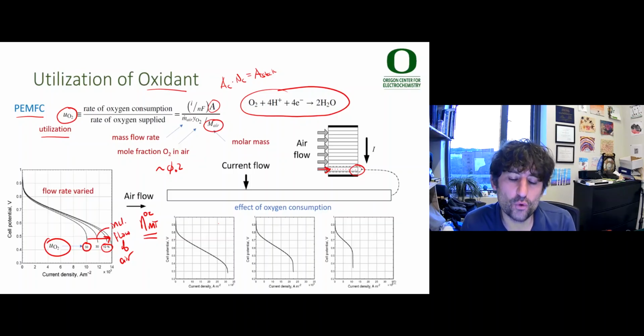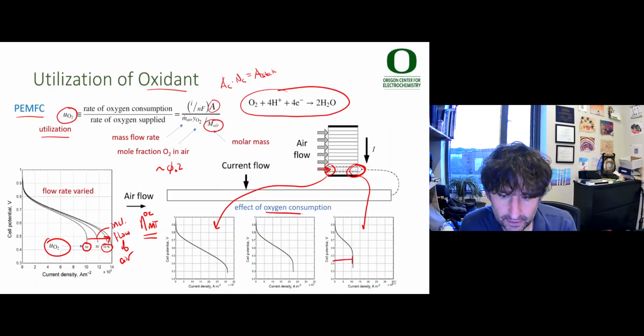So if you thought about what the polarization curve would look like, at the beginning, there's plenty of oxygen, but by the time you get to the end, your mass transfer limiting current becomes very small, and this is problematic. So you don't want to be operating in a regime where you're using up all the oxygen in the air, as this substantially lowers your performance.